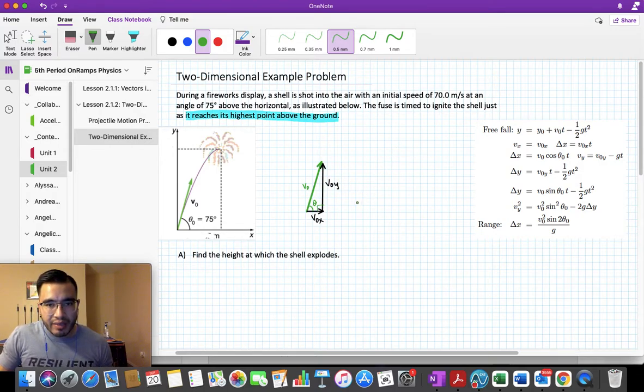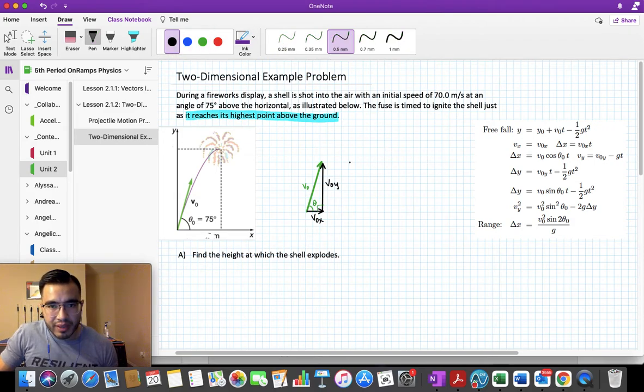And we can define the x and y components based on the initial velocity because we have a right triangle. We can use trigonometry, okay? So we're going to use the opposite side, which is initial velocity along the y. When we use the opposite, we have to use sine. Sine of theta equals opposite divided by hypotenuse. The hypotenuse is the initial velocity.